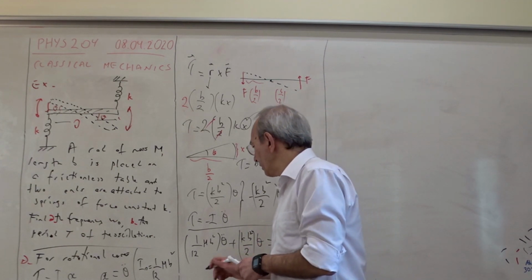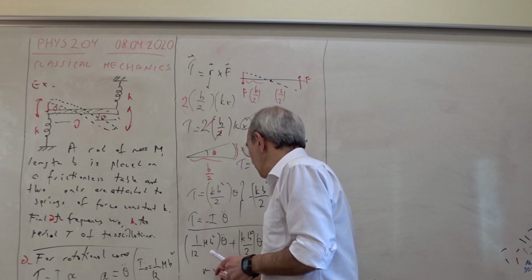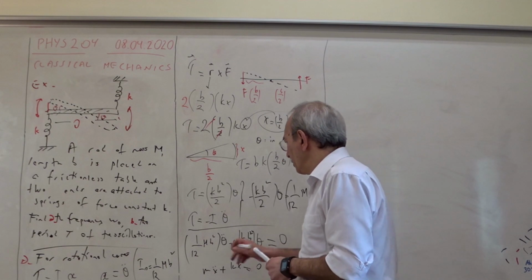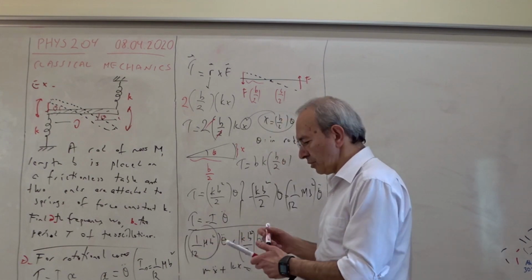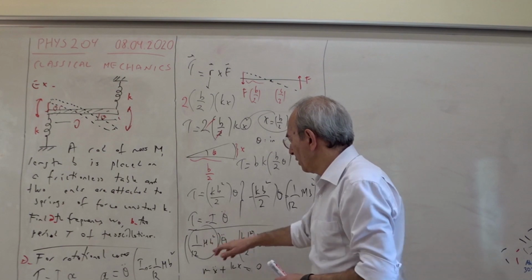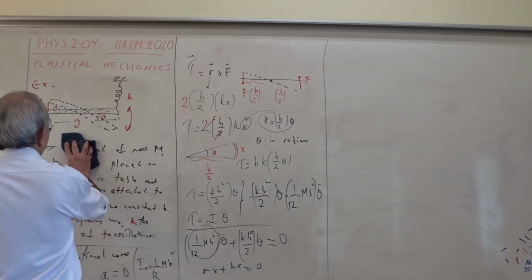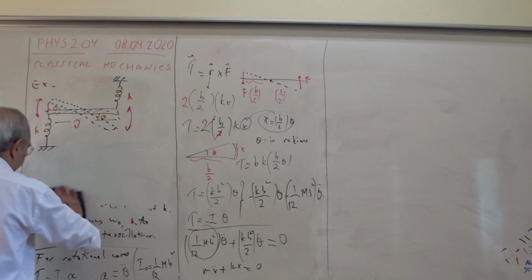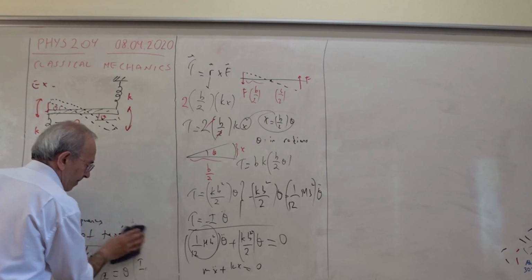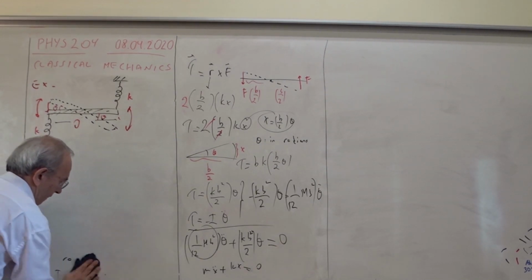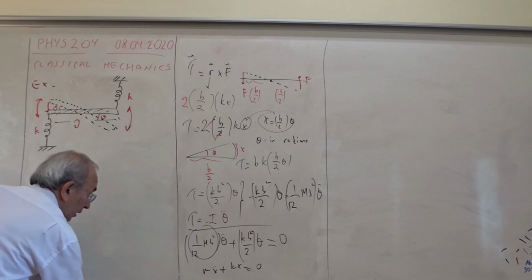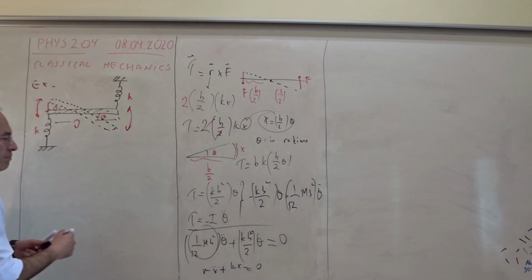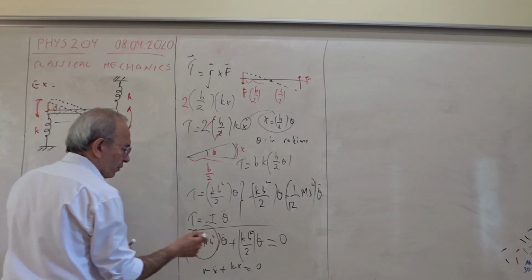So this is like, for instance, in the previous linear cases, like m x double dot plus k x equal to 0 type of thing. So we want to get the first coefficient to be 1, so we divide by this term. So these 2's will cancel, etc. The B squares will cancel.